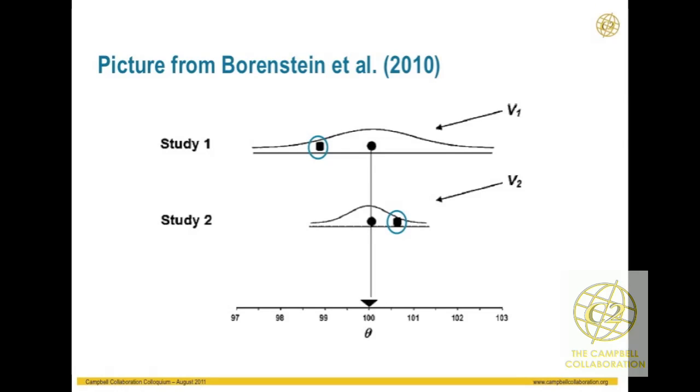Okay. So this is a picture I shamelessly stole from the Borenstein paper and also from the book. Imagine that we're interested in some mean effect size, which I'm going to call theta here. And what we have are two distributions. We see study 1 and study 2. In study 1, we might get that effect size from that study.